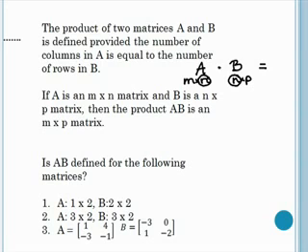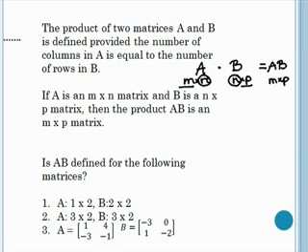So that's what we have to look at. When we multiply, we get matrix AB, and we can call it C or something, but the dimensions of that product are going to be m by p. So you get the outside dimensions when you actually multiply them together.